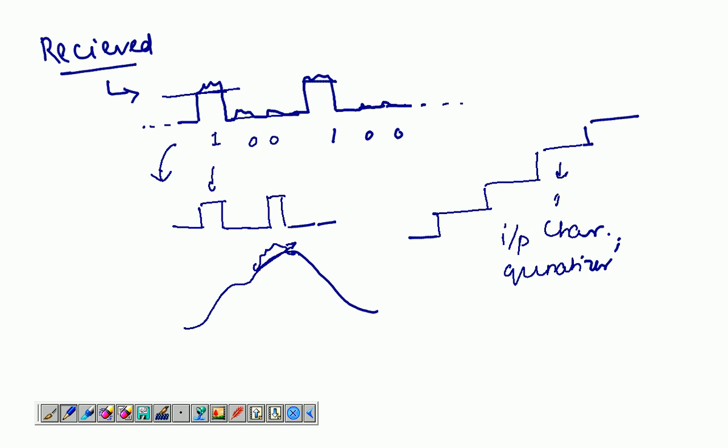And this is called the step size of the quantizer. We're going to look into this when we talk about companding and a lot of other stuff, adaptive delta modulation. Okay, so let's get back to the signal.